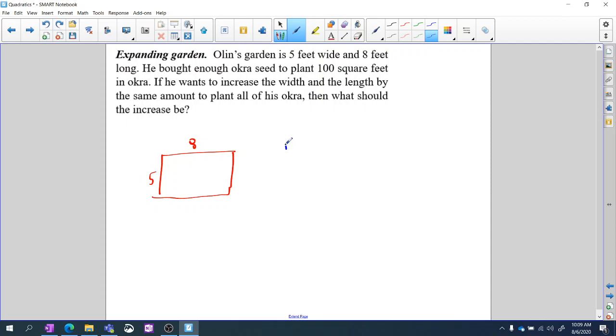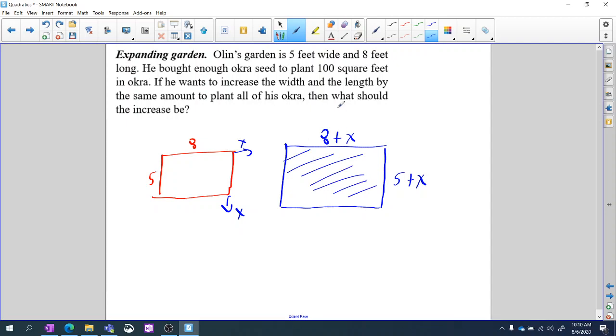So the diagram should go to, the new garden is going to look like this, where it's going to go this way by some amount, this way. Didn't say on both sides. So this side would become 8, what it used to be, plus that new addition. This would be 5 plus the new addition. Now the new garden is going to be able to accommodate 100 square feet, meaning that times that should give me 100. 8 plus x multiplied by 5 plus x would have to be the area that I want, which is 100.